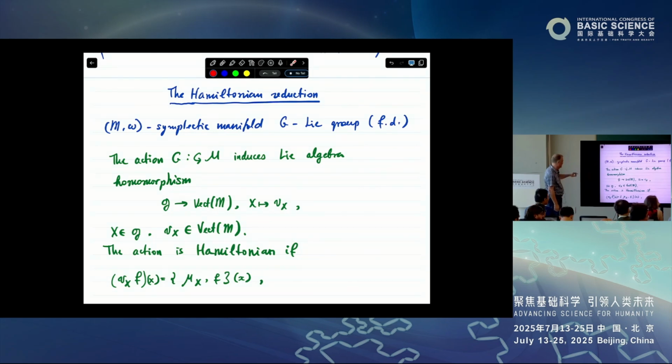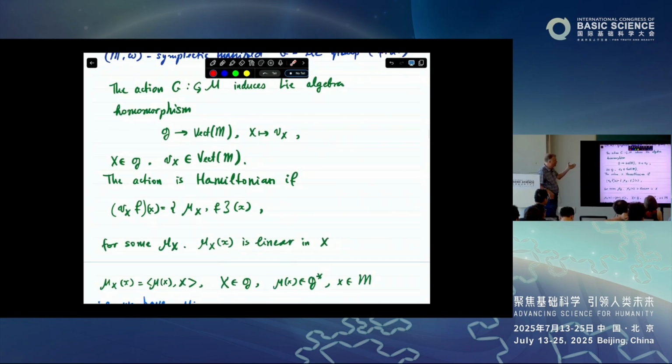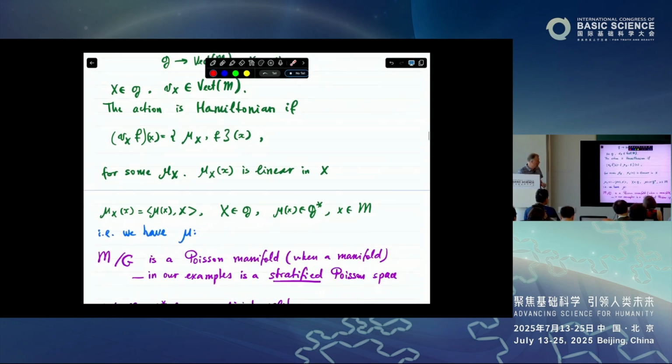There are some students. So we have a symplectic manifold, and a finite dimensional Lie group. When you have an action of a Lie group on a manifold, you automatically have a homomorphism from the Lie algebra to the Lie algebra of vector fields. The action is Hamiltonian by definition if these vector fields are Hamiltonian. In other words, for each element x of the Lie algebra, there is a Hamiltonian mu x such that the Lie derivative of a function is the Poisson bracket with this Hamiltonian.